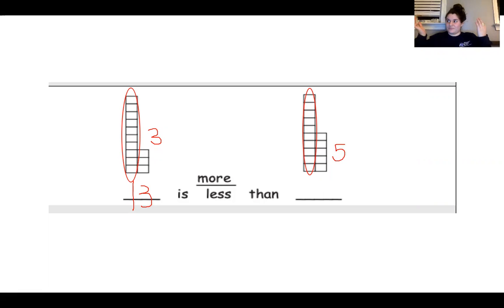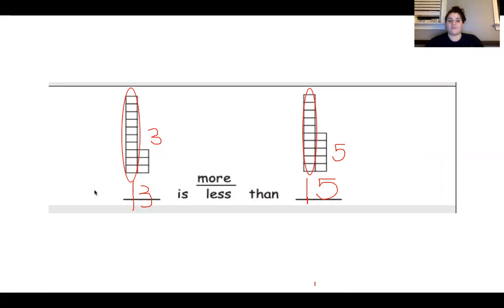What number is that? 15. Let's write it down. A 1 and a 5 makes 15. Nice work. So now we have to compare.